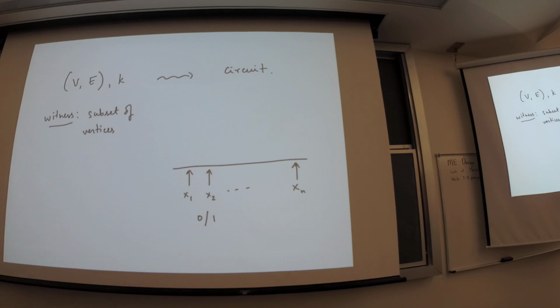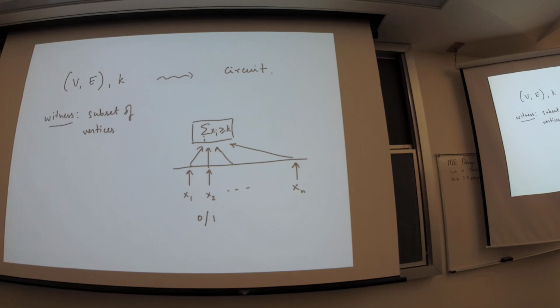And you can think of this circuit as having two pieces. One piece checks if the sum over i of xi is greater than or equal to k. This gets as input all of these things. This is one piece of the circuit.